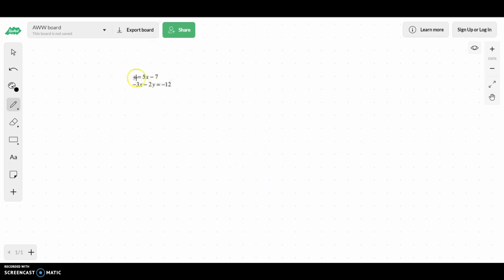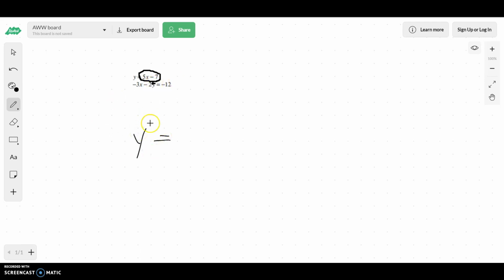We would solve this problem with substitution. So we would write y equals 5x minus 7. So we would want to take this and replace it with that y down there.